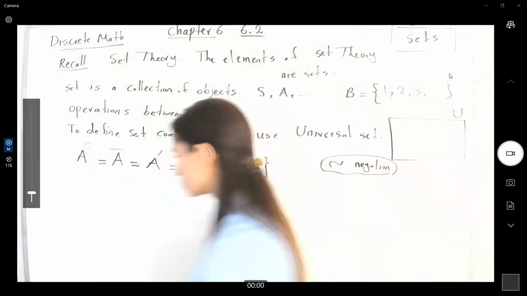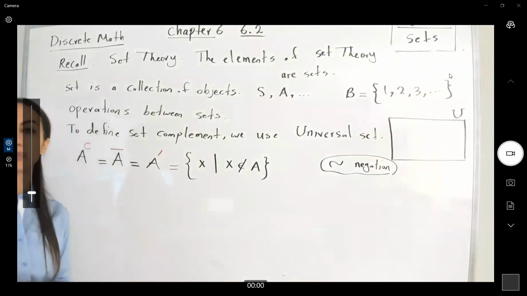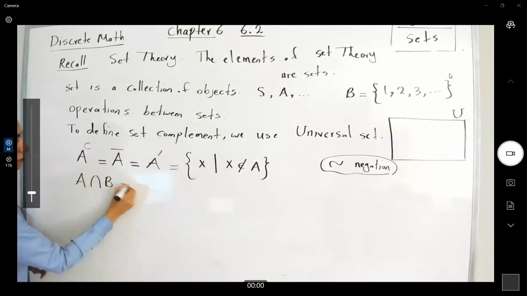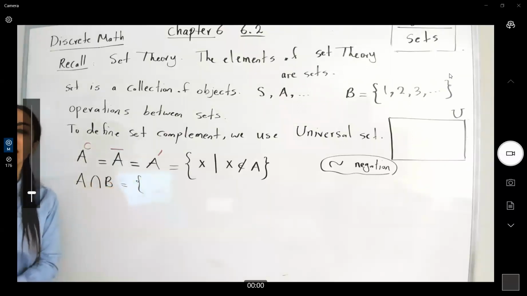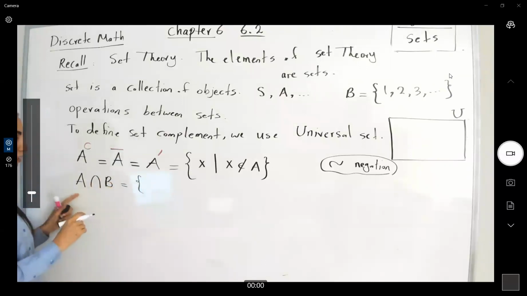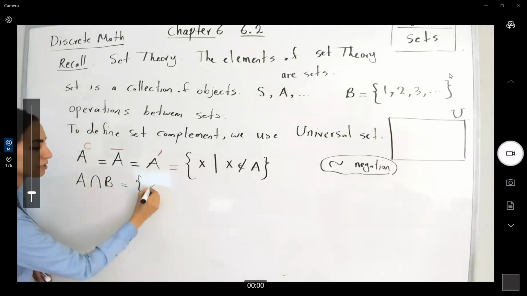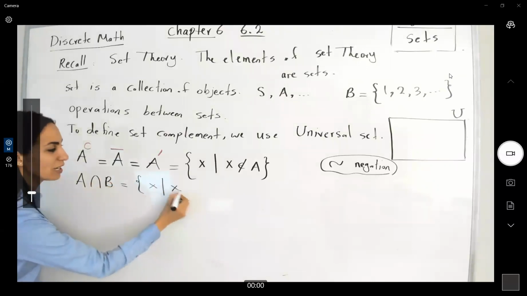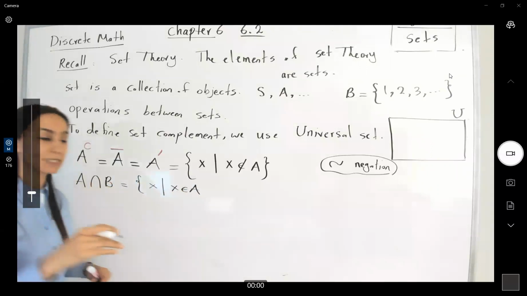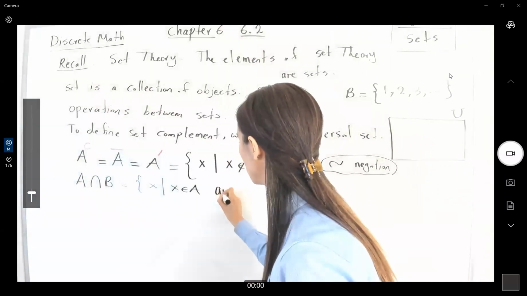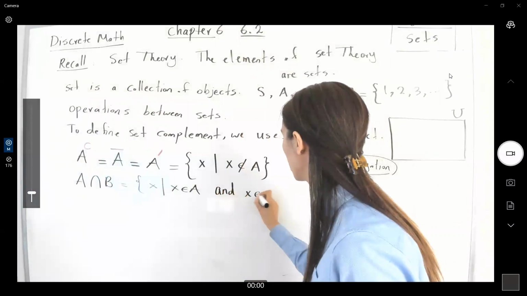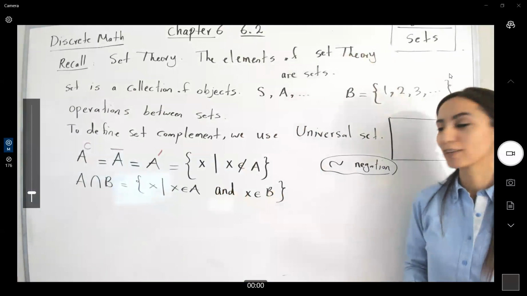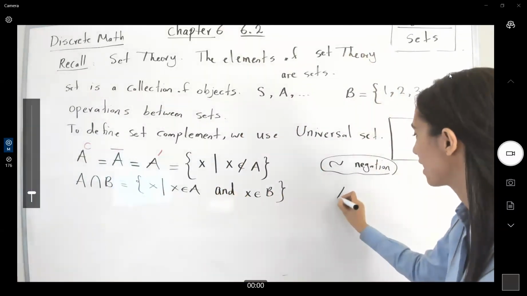Then we talked about the intersection between two sets. A intersection B includes all the common elements between A and B, the set of all x values such that x belongs to A, and at the same time, the connector between them is and, x belongs to B. Remember, getting back to what we learned at the beginning of the course, we are talking about and.